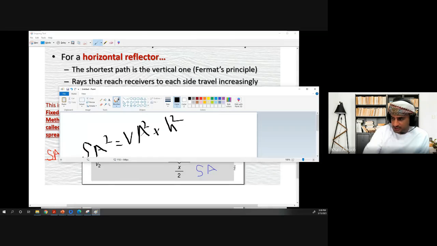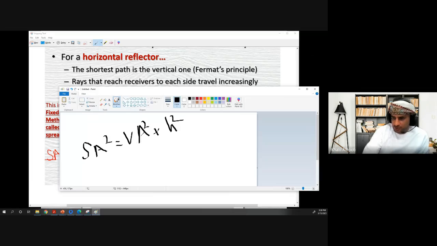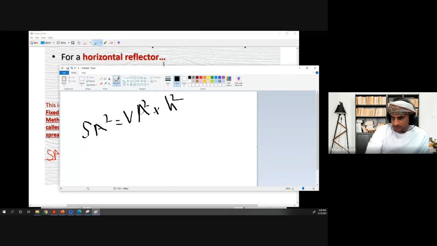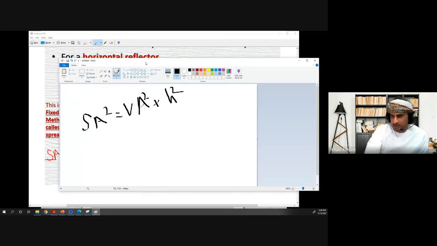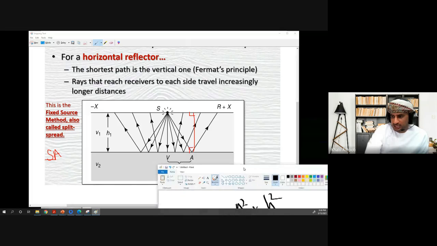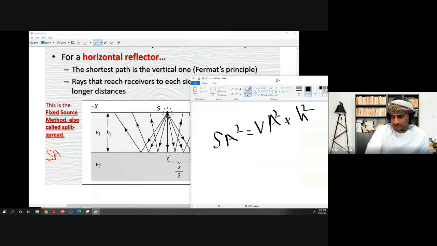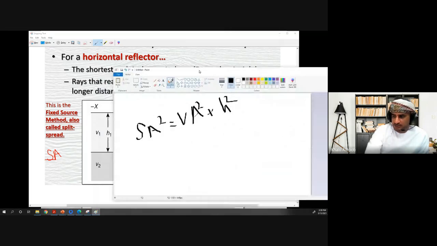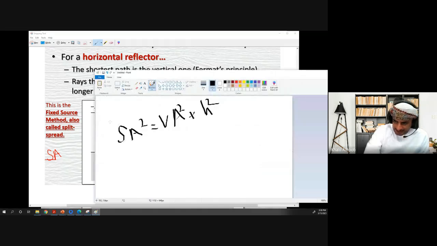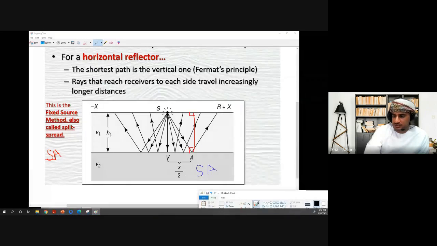So this is from the Pythagorean theorem. And what I'm interested in is the travel time. This is basically X squared over 4.